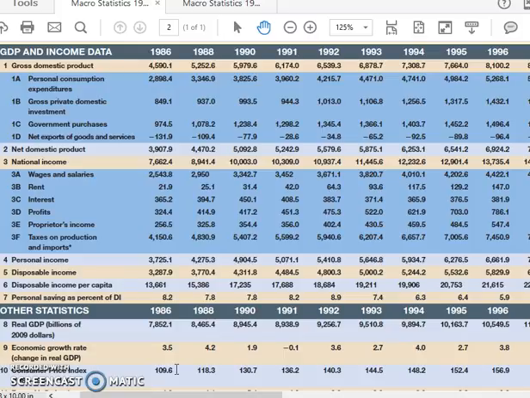That price index of 109.6 means that prices, subtract 100 from it, were 9.6% higher in 1986 than they were in this base period. That's what that means. Or if we go to 1996, the consumer price index was 156.9. Subtract 100. That means prices were 56.9% higher than they were in the base year.